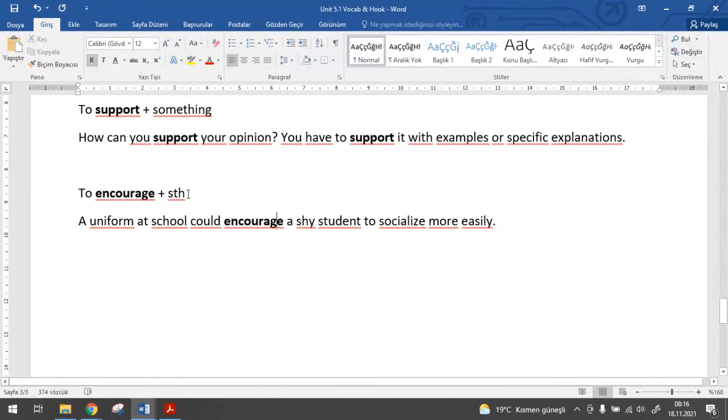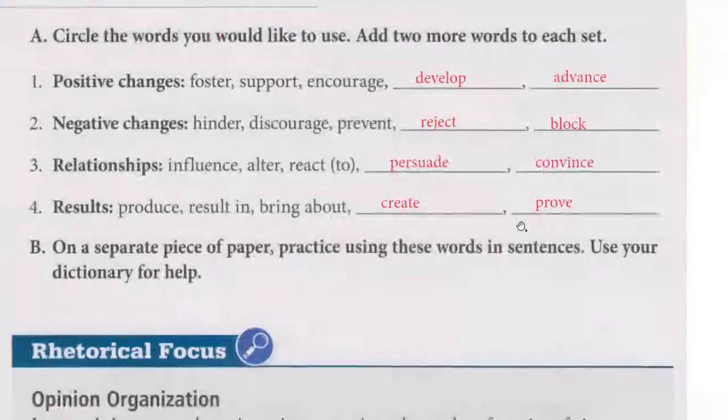So encourage something or encourage someone. Nice words to use in writing or in speaking to show that you can use academic level English. And these are all about positive changes.